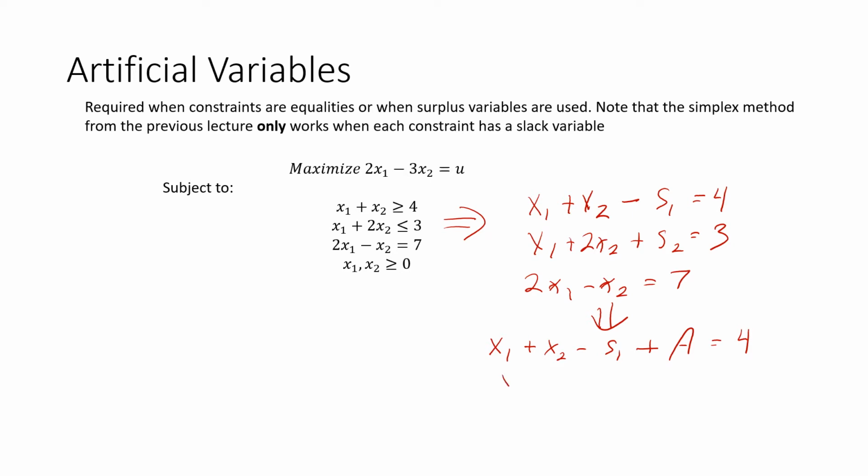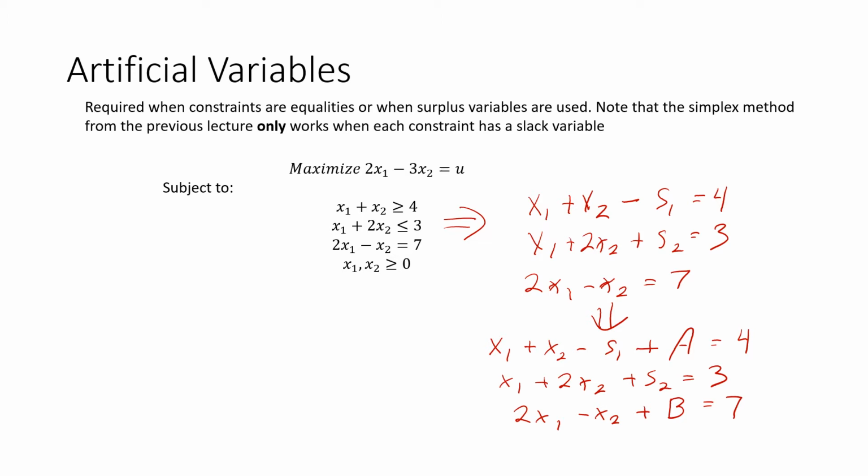Our second one is in the form we need, plus 2x2 plus s2 equals 3, because that had the slack variable. The third one is an equality, so we have to introduce another artificial variable, 2x1 minus x2 plus b equals 7. So we've had to introduce two artificial variables.